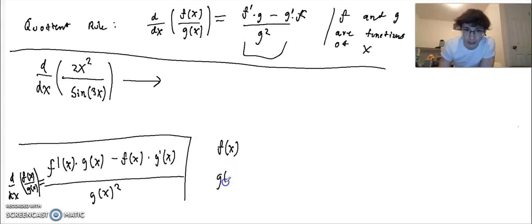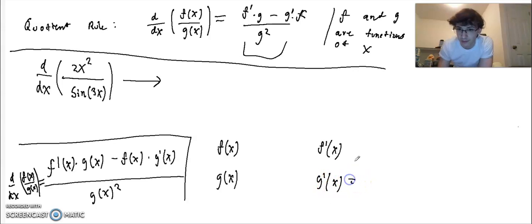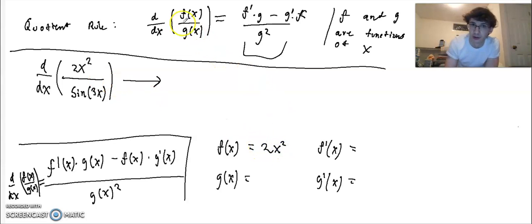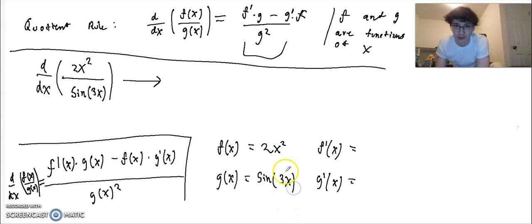f of x, g of x, f prime of x, g prime of x. And then we'll just plug them in. So f of x is just 2x squared. Remember, numerator, denominator. And sine of 3x is g of x.